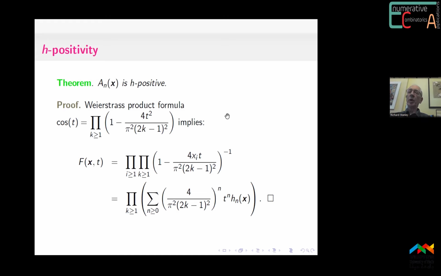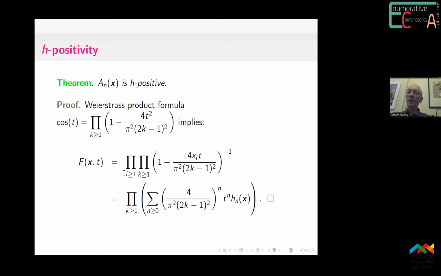And remember, we're looking at secant of the square root of x_i t. So secant is 1 over the cosine. That gives us this minus 1. And substituting the square root of x_i t for t gives us an x_i t. So we have this product formula for f of x, t, this analytic formula. It's not a formal combinatorial formula.